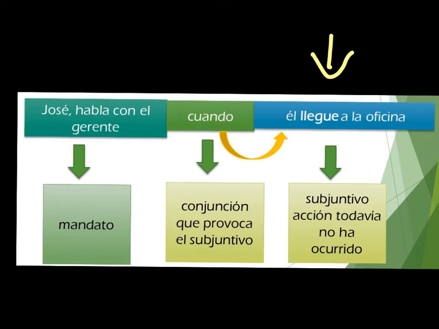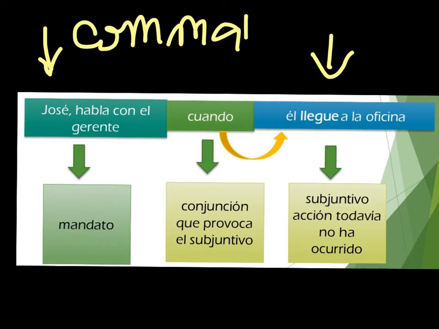Now, why do we use the subjunctive here? Well, because the first sentence has a command. José, habla con el gerente. That's a command. That's a mandato. Therefore, the verb in the second sentence is going to be conjugated in the subjunctive.